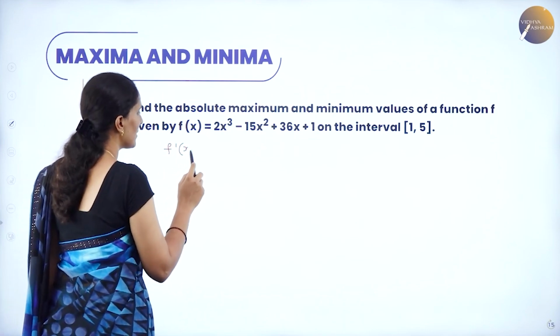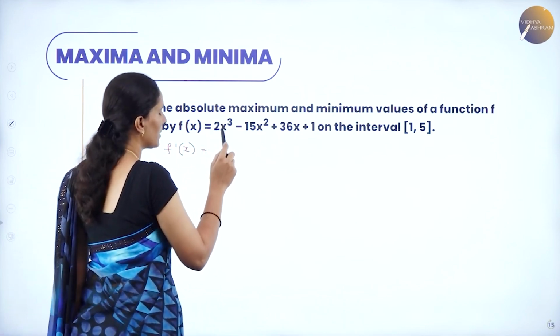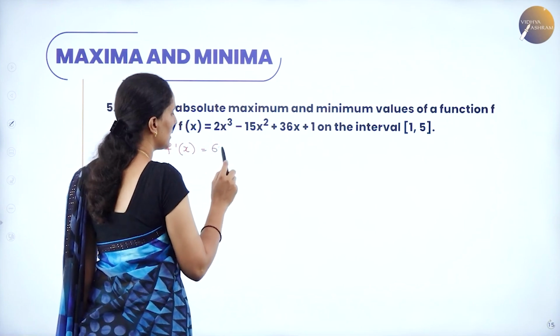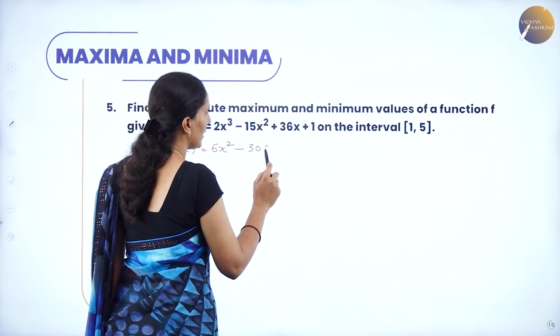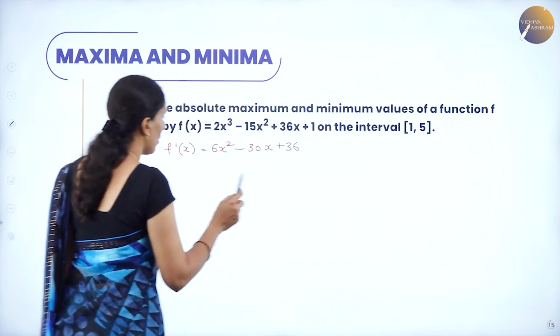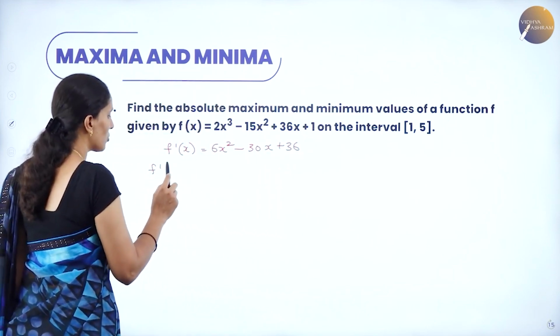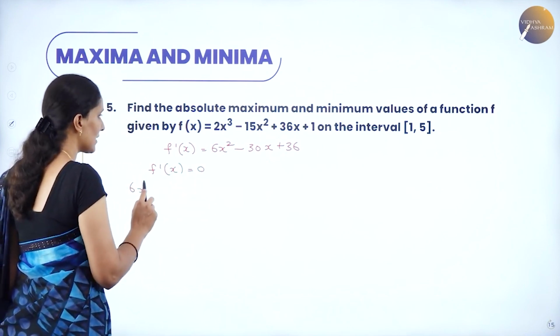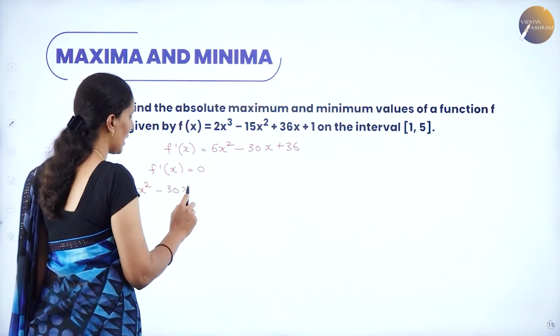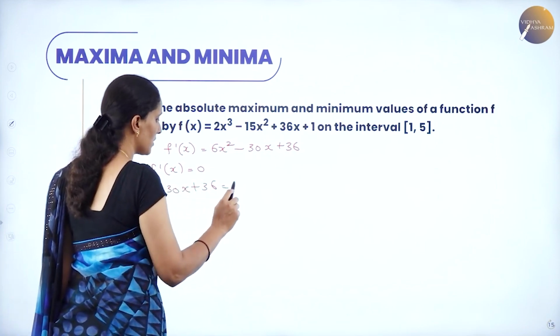f dash of x is equal to 2 times 3x square, so we get 6x square minus 15 times 2x, 30x, plus 36. Now, let us put it as 0. Put f dash of x is equal to 0 to find the critical points. We get 6x square minus 30x plus 36 is equal to 0.